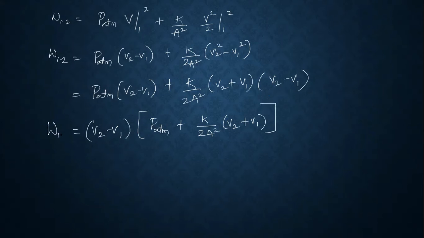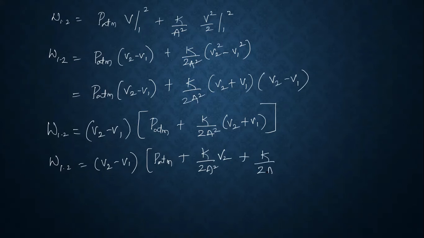This is W1 to 2. Therefore, W1 to 2 is V2 minus V1 into [P atmosphere plus K divided by 2A square V2 plus K divided by 2A square V1]. Let me keep this as star.